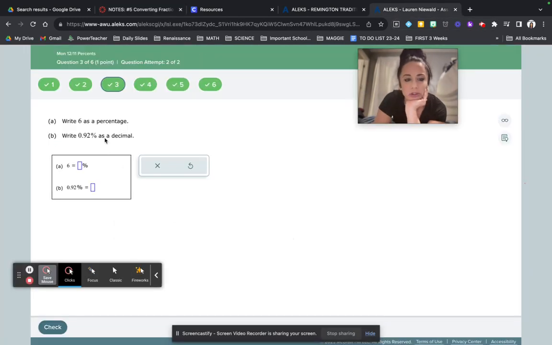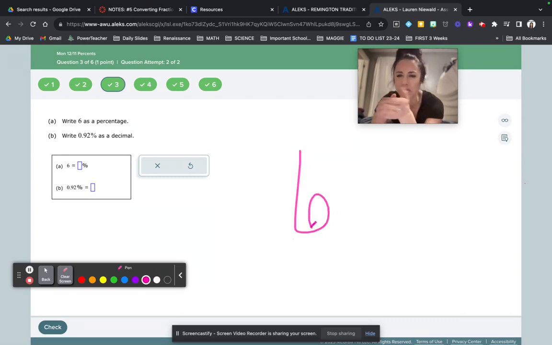Okay, so here we go. I'm going to take 6 and I need to move my decimal twice to the right, but there's no decimal. Do you remember where a decimal goes in a whole number? Is it sitting here? It could not be sitting there because that would not be a whole number. It has to be sitting here. It's just the invisible math of the world.